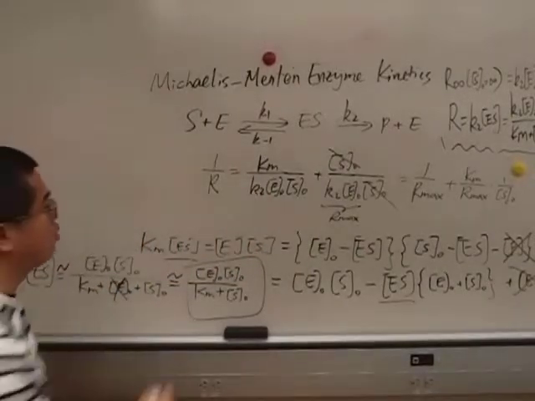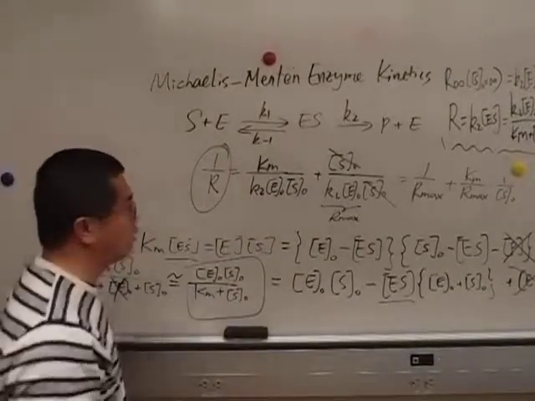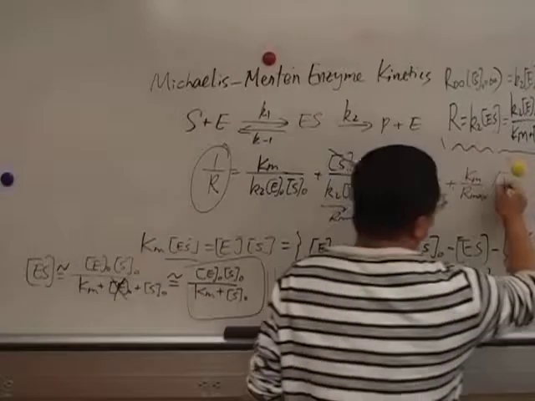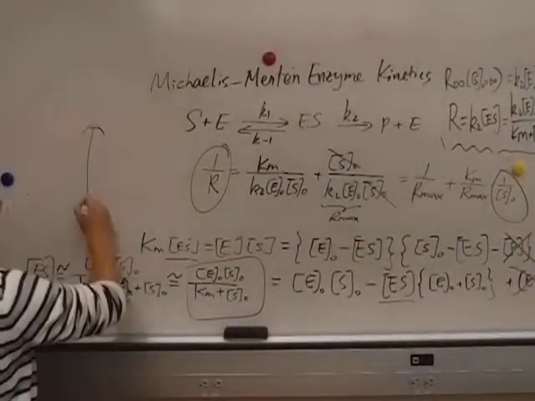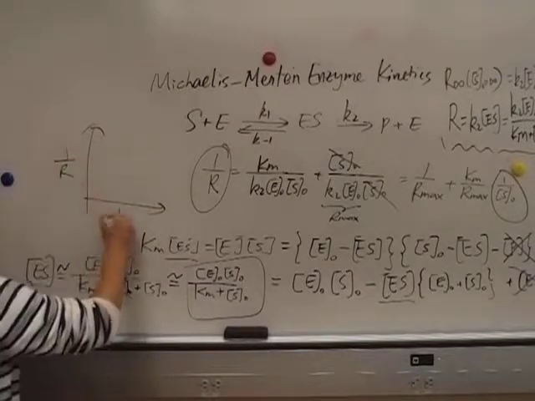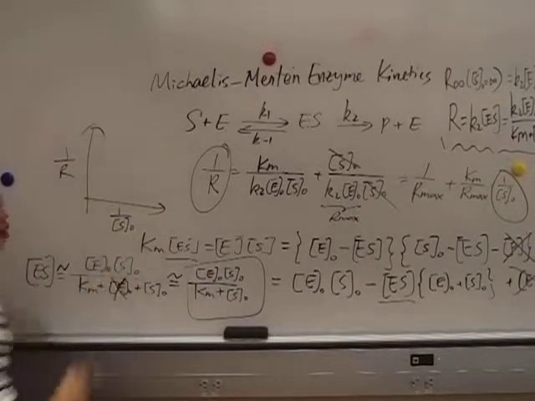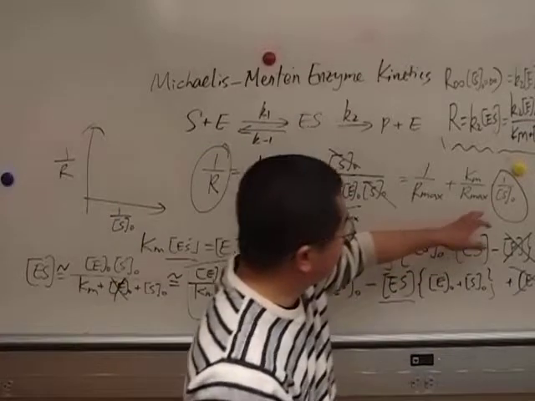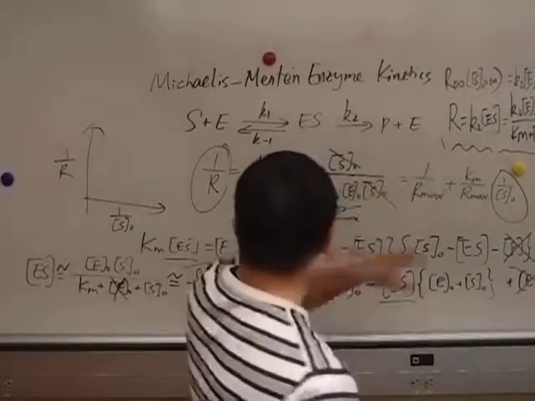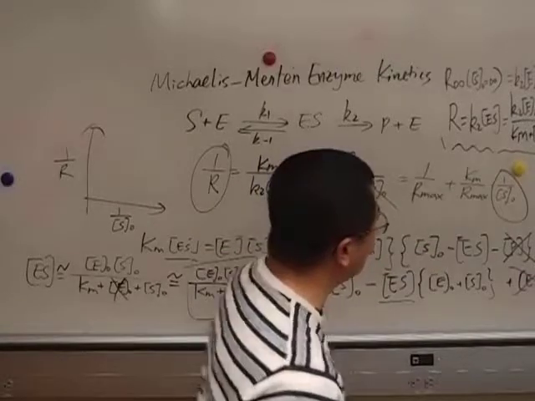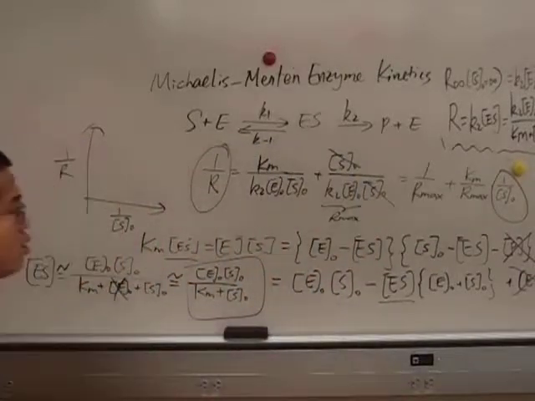This is a very useful equation if you plot 1 over R versus 1 over S naught. You'll see that this part, 1 over R max, is the intercept of the plot, and Km over R max is the slope.